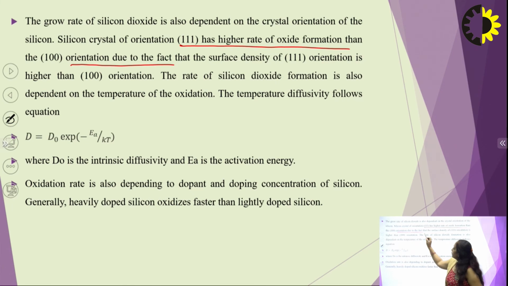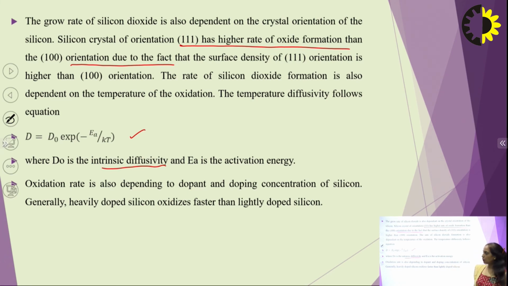That is because the surface density of 111 orientation is higher than the 100 orientation, and the rate of silicon dioxide formation is also dependent on the temperature of the oxidation. The diffusivity is given by the equation: D is equal to D naught exponential of minus EA divided by KT, where D naught is the intrinsic diffusivity and EA is the activation energy.